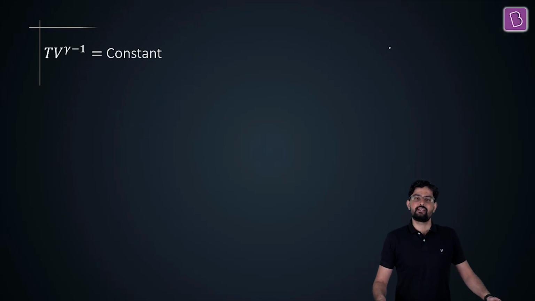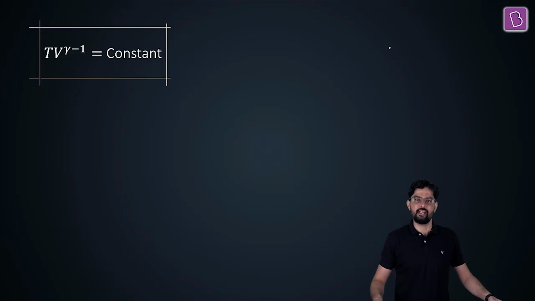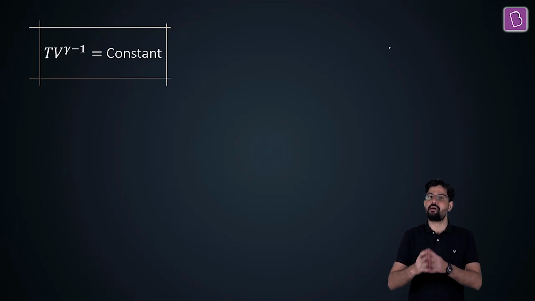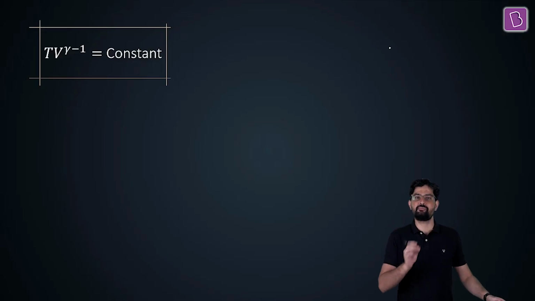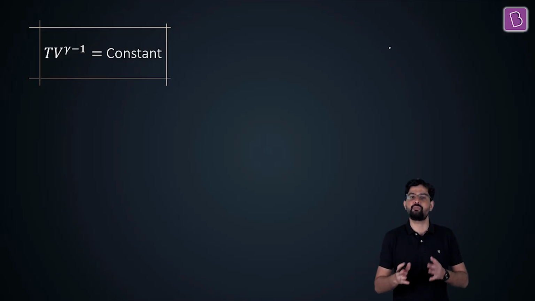So we know that in an adiabatic process, no heat can come into the system and no heat can leave the system, right? And we know that in such a case, PV raised to the power gamma is a constant. And if we combine that with PV is equal to nRT and get the expression in T and V, then you already know that TV raised to the power gamma minus 1 is going to be a constant, right?